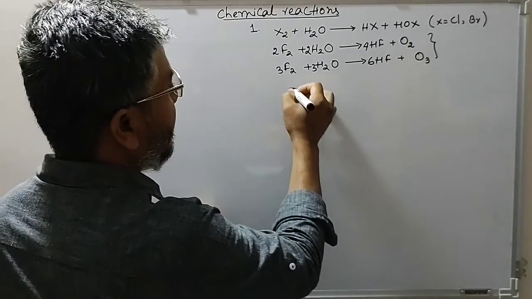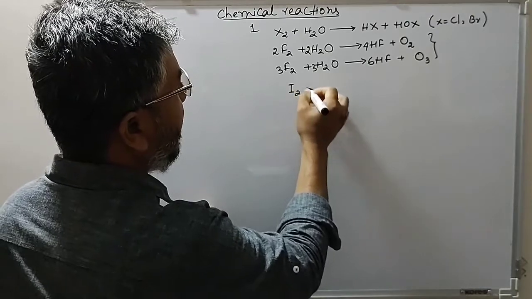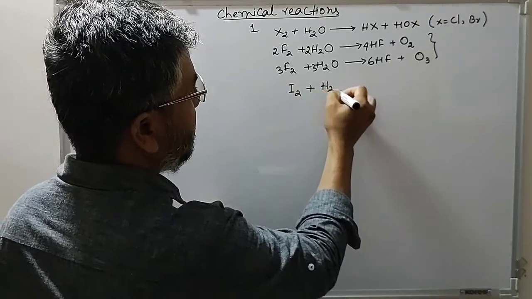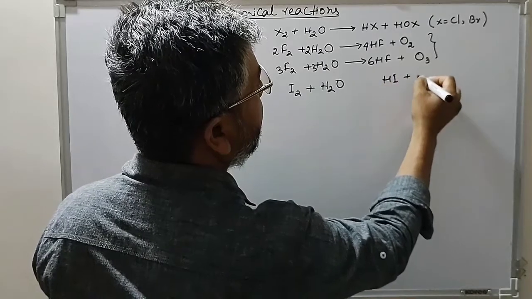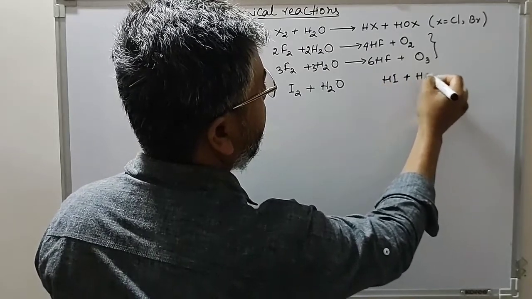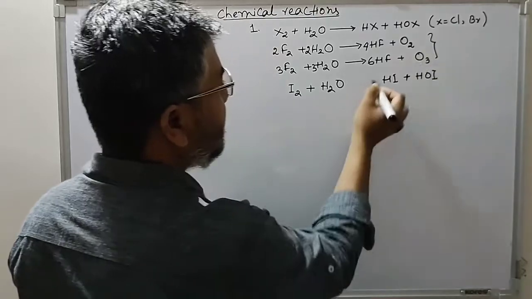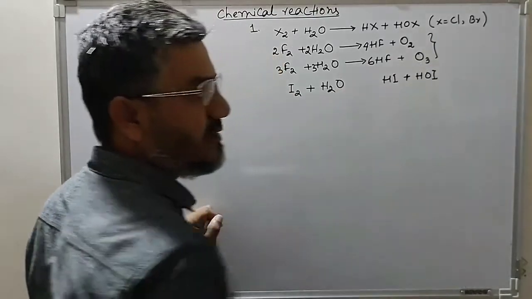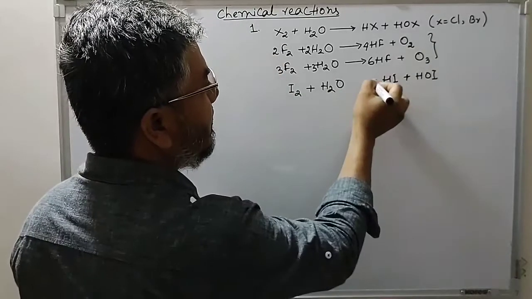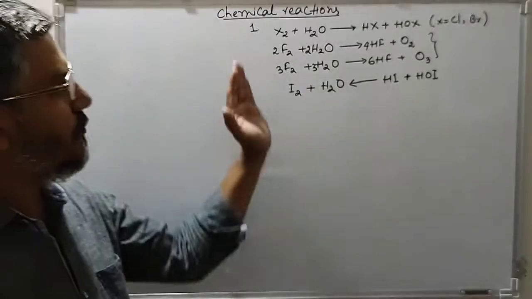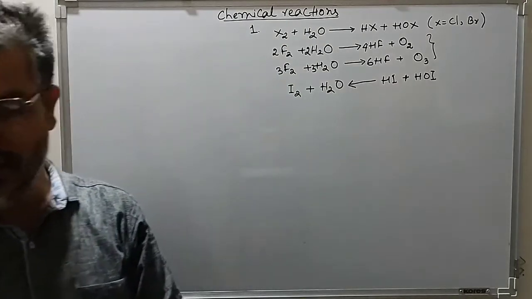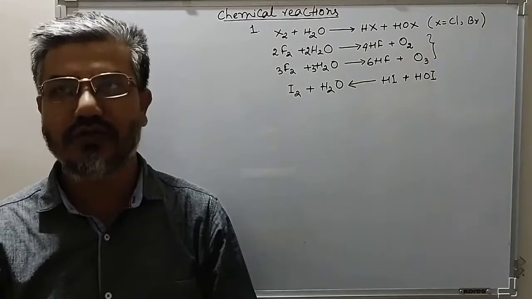Whereas iodine reacts with water to give you HI and HOI. This reaction is not spontaneous in the forward direction, but it is spontaneous in the reverse direction. So this is how halogens react with water.